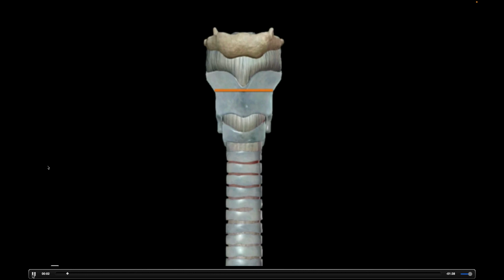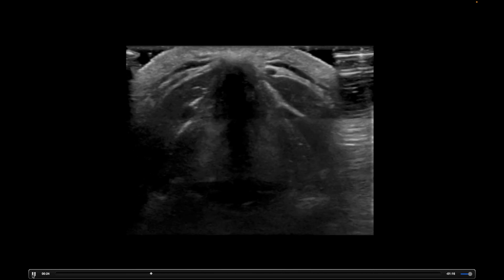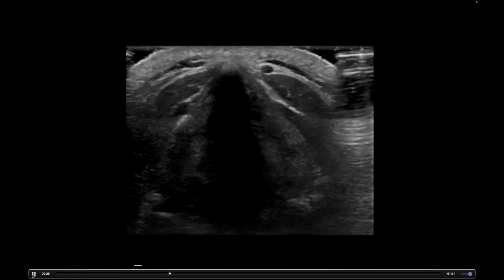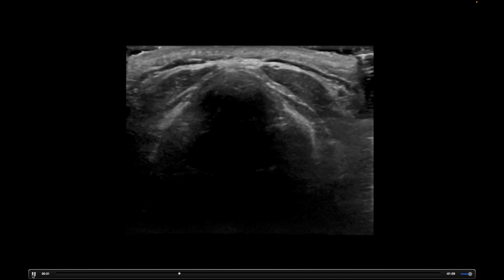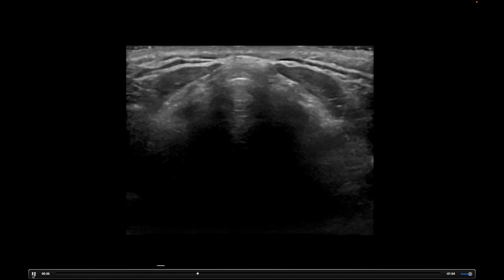This video is going to show the ultrasound appearance of the upper airway in transverse section. I begin at the upper thyroid cartilage and then descend to the mid and lower thyroid cartilage before going on to the cricothyroid membrane, then the cricoid cartilage, and then the upper trachea. Here we are at the upper thyroid cartilage, which is triangular in shape with steep sides. You can see the false chords moving there with inspiration and expiration. As you move down over the thyroid cartilage, it becomes less steep in the triangular appearance.